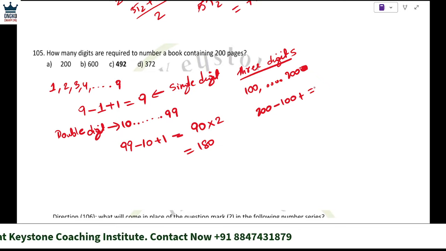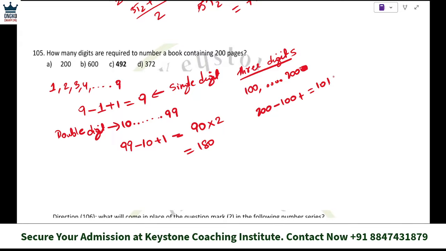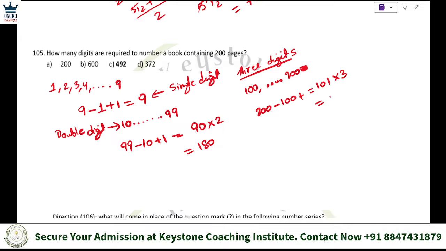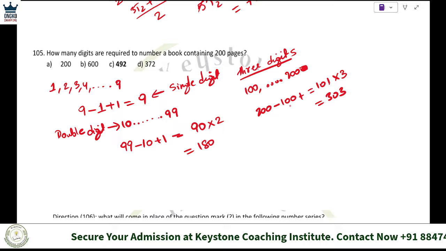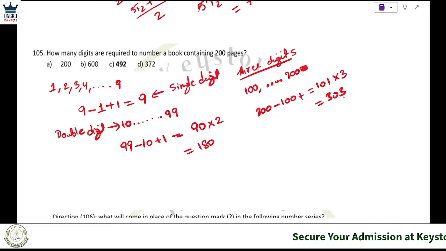This will give us 101. But since these are 3 digit numbers, we will multiply by 3, because in a 3 digit number there are three digits. So this will give us 303. So for 3 digit numbers we have 303 digits.